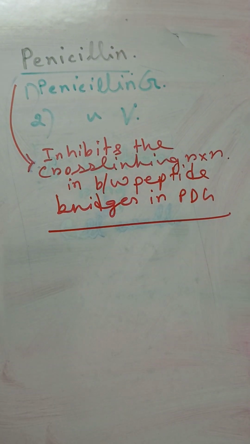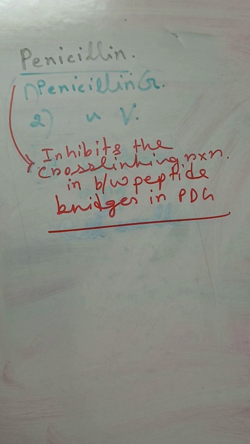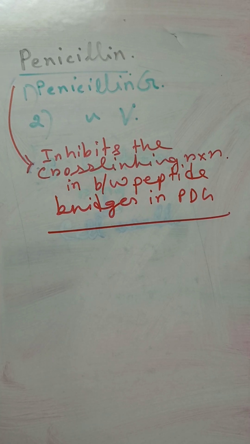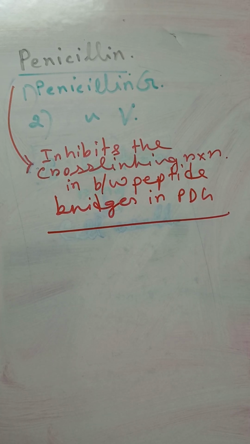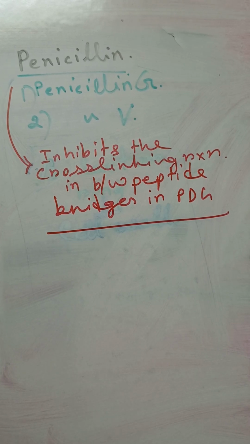Okay, always remember that penicillin always blocks this reaction. Now how? This is the mode of action. Now what is the mechanism of this action? How will they inhibit this reaction? There must be some mechanism.